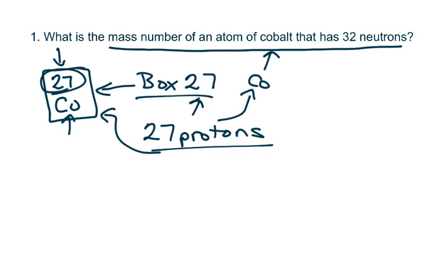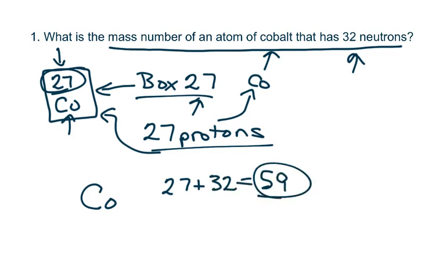All right, so cobalt has 27 protons. Now, this particular isotope of cobalt also has 32 neutrons. So 27 plus 32 equals 59. That is its mass.